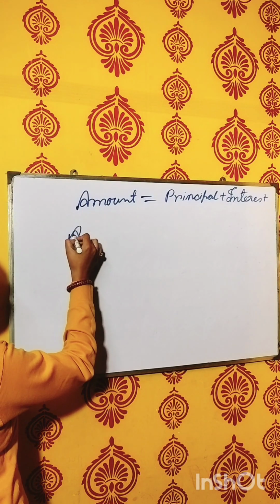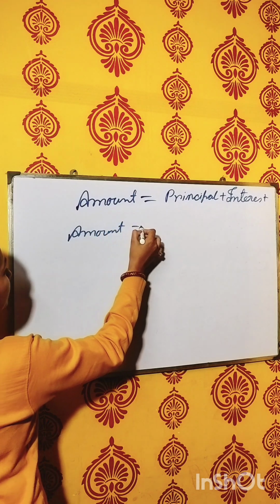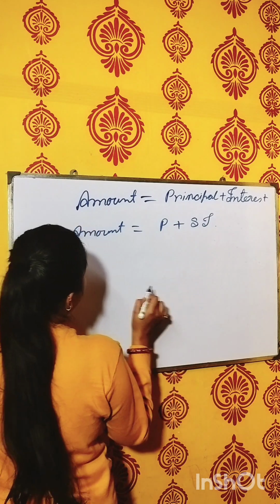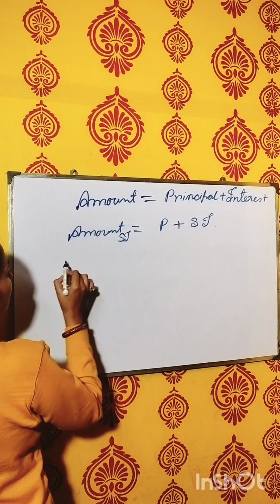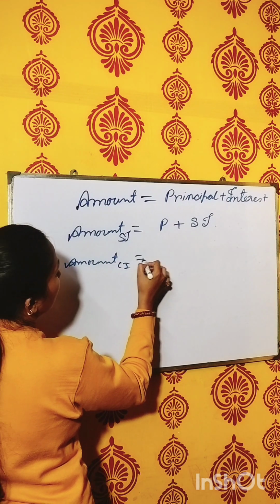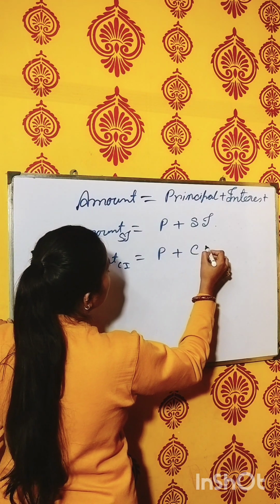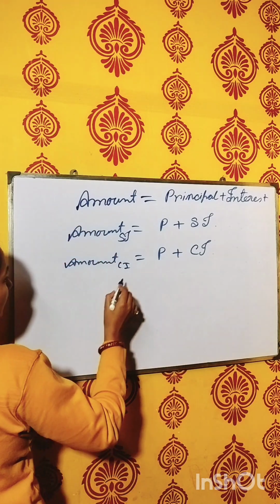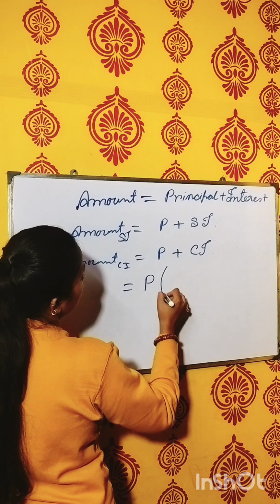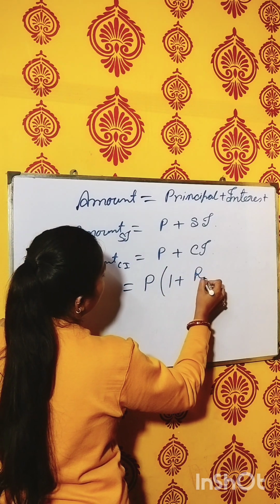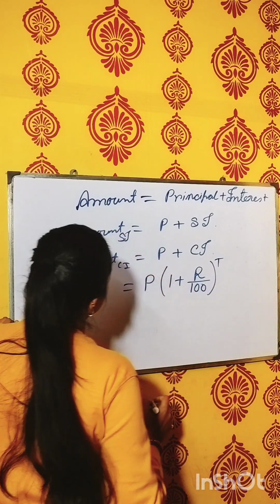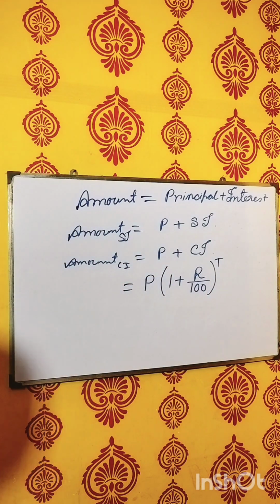In case of SI, amount will be principal plus simple interest, and in case of CI, amount will be principal plus compound interest. Okay, and the formula will be principal into 1 plus rate of interest by 100 whole to the power time T. Okay. I hope all of you have understood.